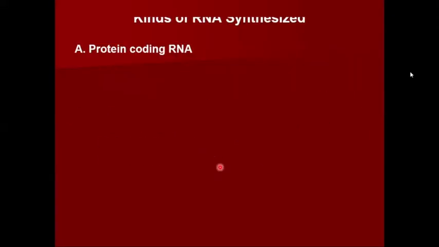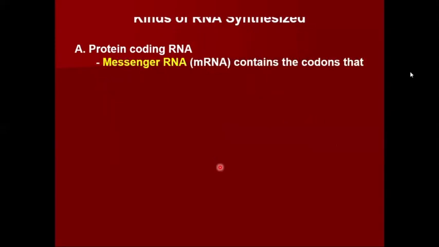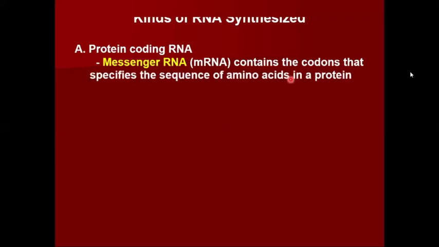So these are the different kinds of RNAs that are produced during transcription. First, we have the messenger RNA. It contains the codons that specify the sequence of amino acids in a protein. That's why it is called protein coding.